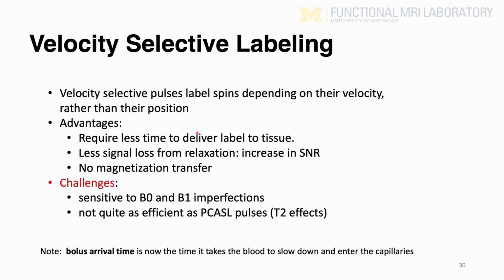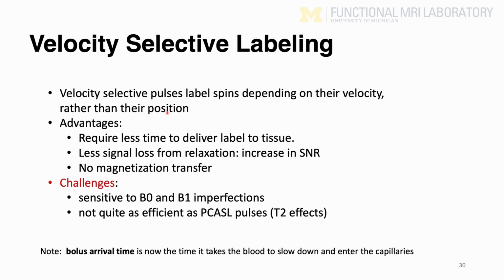So velocity selective labeling, essentially, we're labeling the arterial spins, but rather than labeling depending on the location, we're going to label them depending on their velocity, whether they're stationary or moving, or fast or slow. There are some real advantages to this. One of them is that it requires a lot less time for the label to get into the tissue.